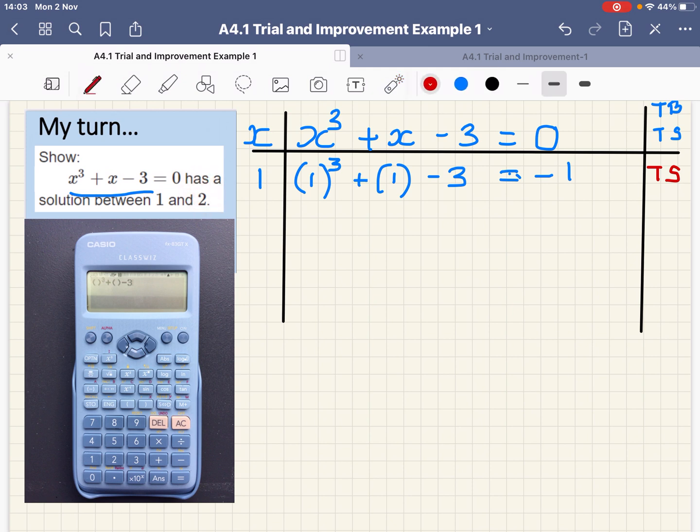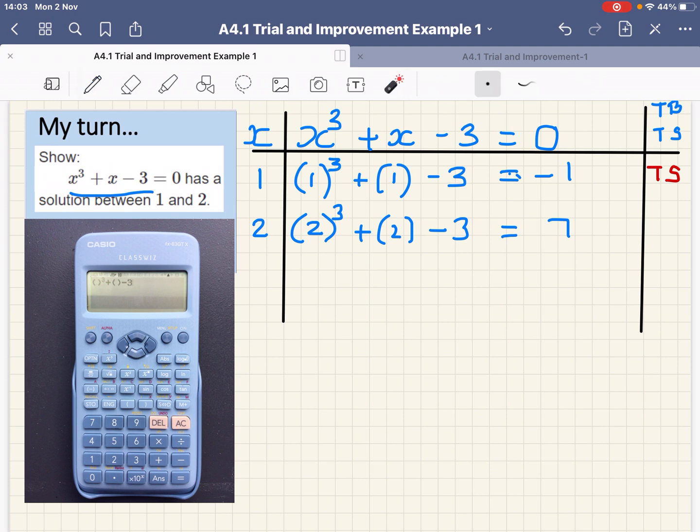So same process, we are going to use 2 this time. We're inside our brackets on our calculator, and in our method we have 2 cubed plus 2 minus 3. Again, we type this into our calculators and we should get an answer of 7.